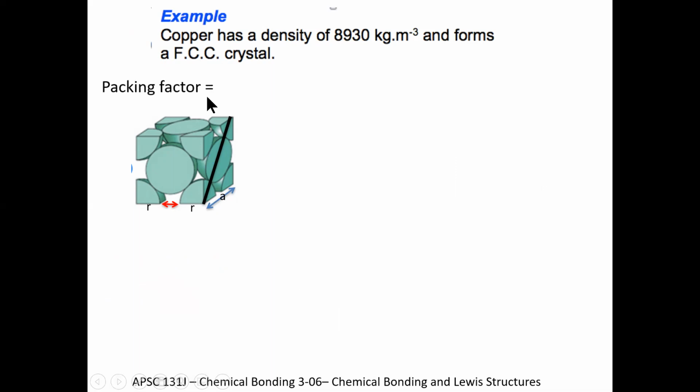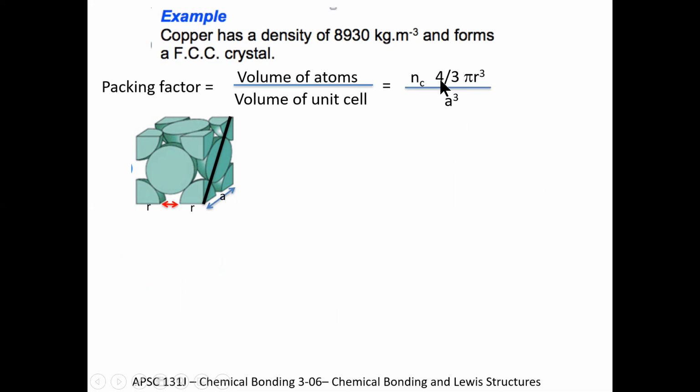Now we're going to calculate the packing factor. The packing factor is the volume of atoms divided by the volume of a unit cell. Now we knew there were 4 atoms packed in here. So we know the volume of an individual atom is 4/3 pi r cubed.